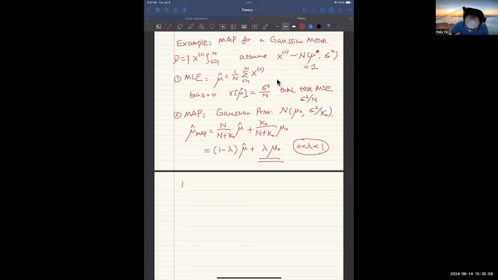So in this case, the bias is basically the expected value of the estimator subtracted by mu star. This is 1 minus lambda times mu star plus lambda times mu 0 minus mu star. This is equal to lambda times mu 0 minus mu star.